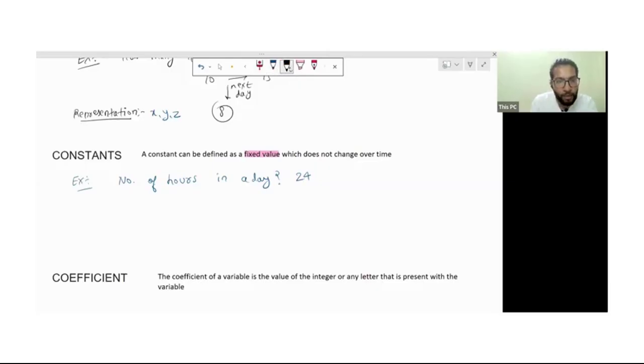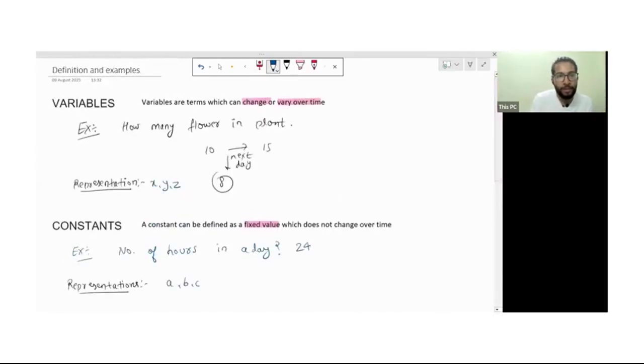And we also have representation. Like for the constants values, we can write A, B, C. Okay, so now up to that, variables are clear that these are the values which can change over time, but constants are totally opposite. They have fixed value.